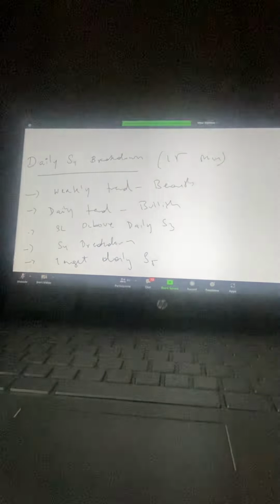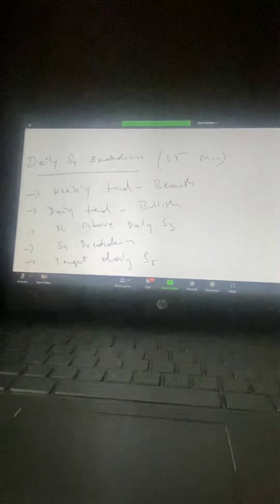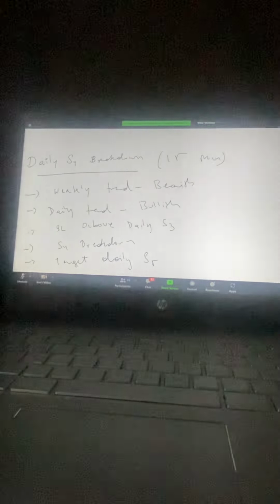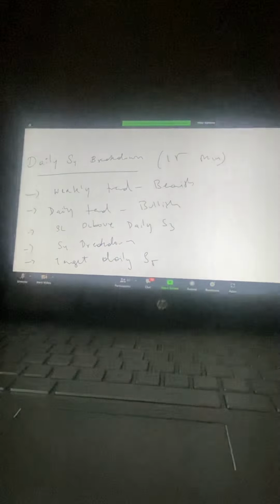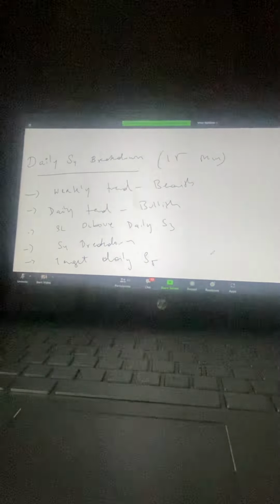No, on weekly breakouts, target and SL won't change. So simple conditions, you can just write them down.